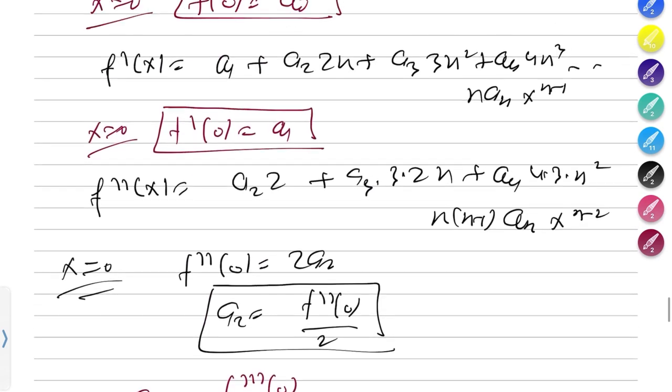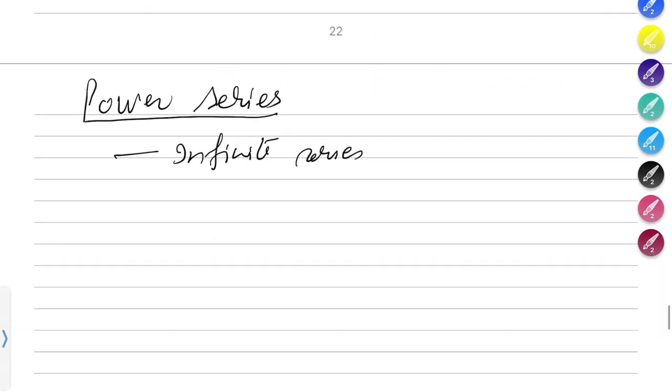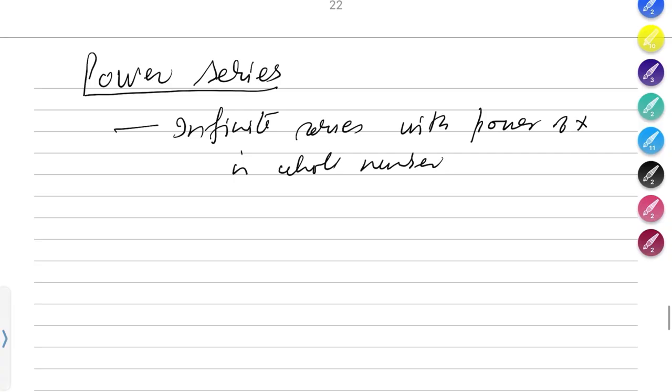What is the condition for polynomial? The power of x should be a whole number. So it is an infinite series with the index of x a whole number.